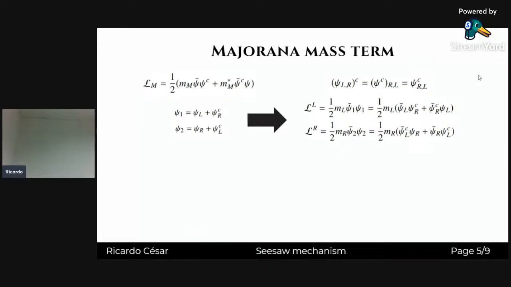But if you are dealing with a Majorana particle, for example if you have only a left-handed field, as in the case of neutrinos, you don't have a right-handed one in your theory. So in order to have this type of form, you can generate the other chirality by applying C, the charge conjugation, to your left-handed chirality field.